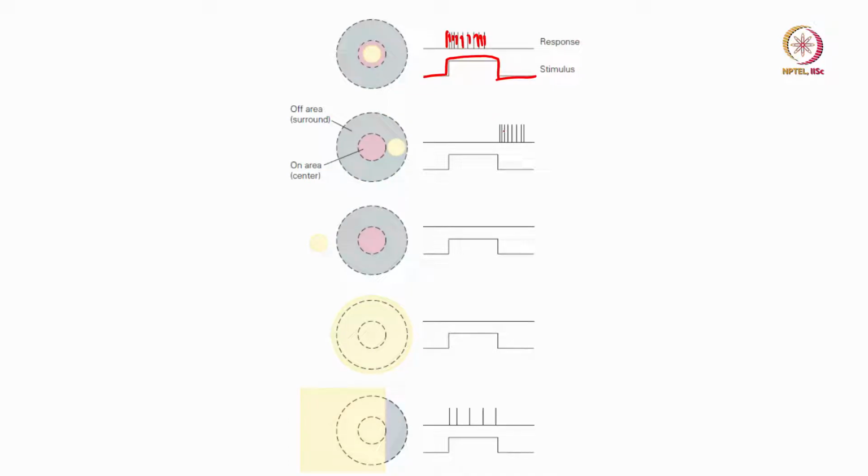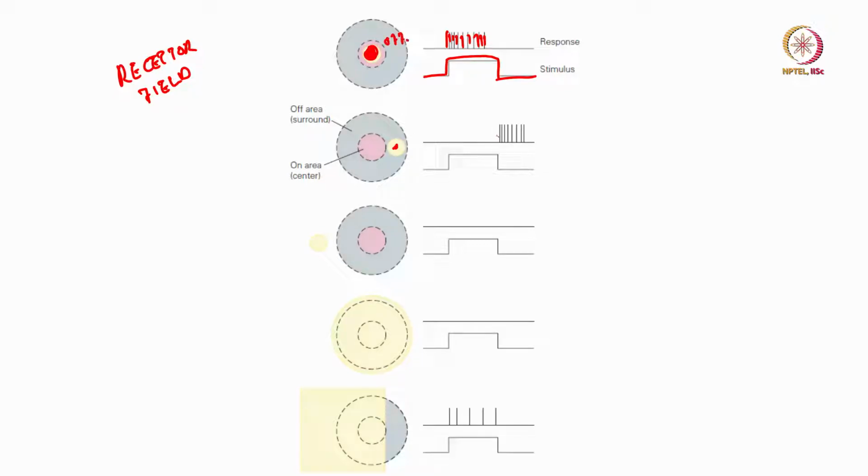On the off area, this is a specific receptor field. So, you shine light in the center, this is the response which you get. So, light is in the center, and for a light which is in the center, there is a peripheral off.